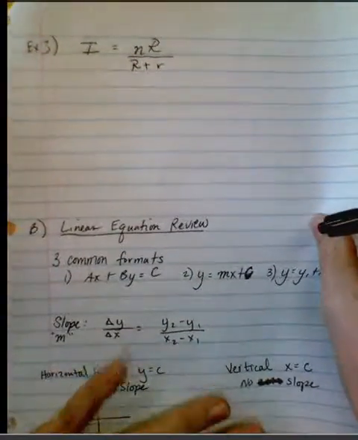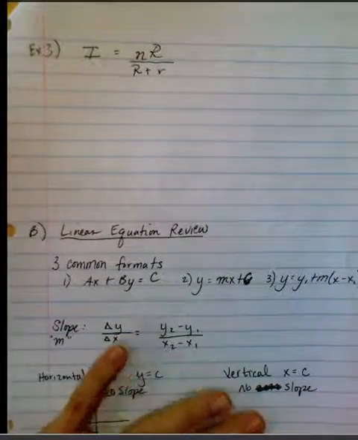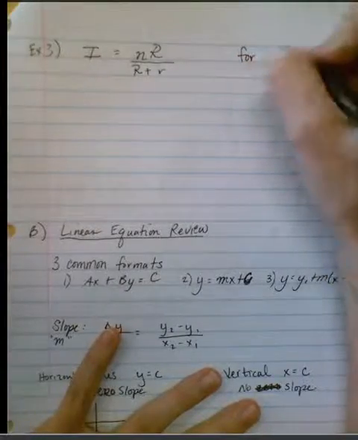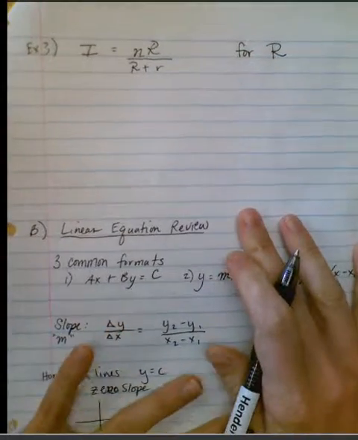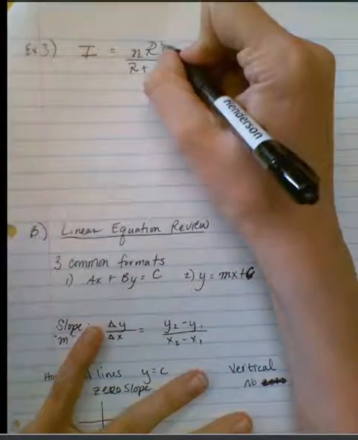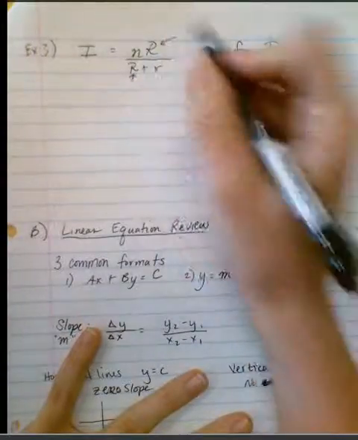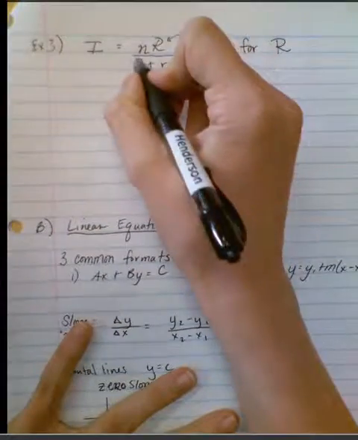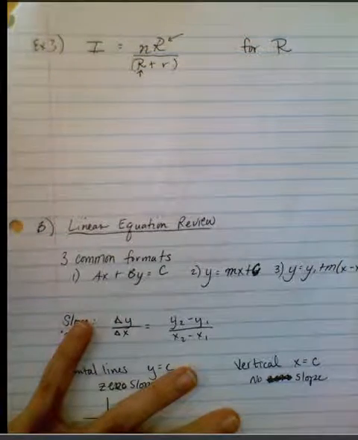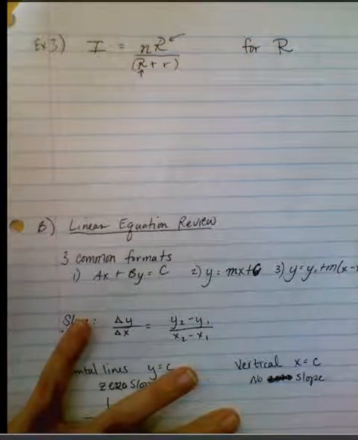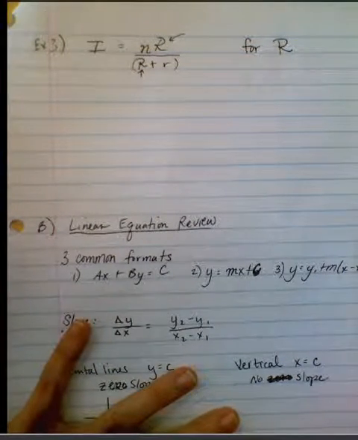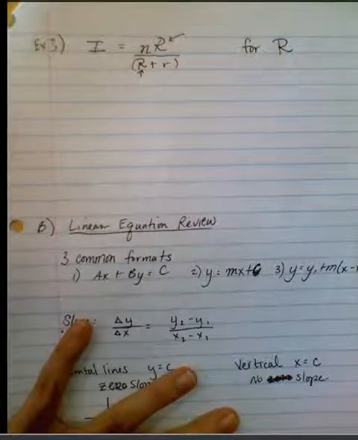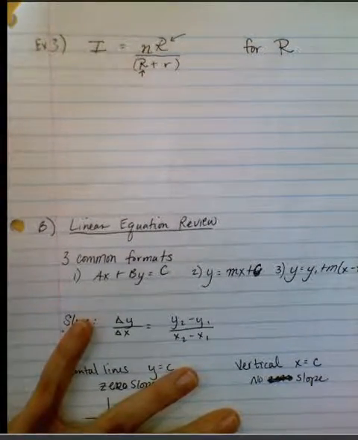One more here. We're going to solve for big R. So I've got an R here and an R here. So that's weird. Well, first thing I like to do when I have problems like this is get whatever's going on in the denominator out of the denominator, because I have to be able to access it, and I can't do that until it's out of the denominator.